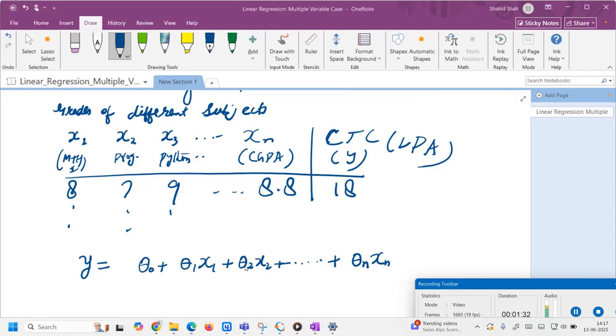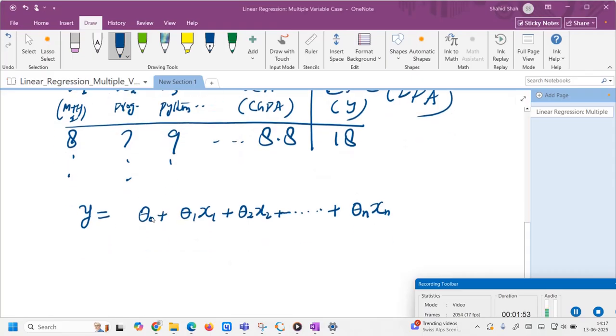Now theta 0, theta 1, theta 2. What is theta 1? Basically theta 1 tells you the weightage of the math course in deciding the average CTC. Similarly theta 2 means the weightage of the programming course in deciding the CTC. Theta 3 means the weightage of the Python course in deciding the CTC, and so on and so forth. And theta 0 we call the bias point.